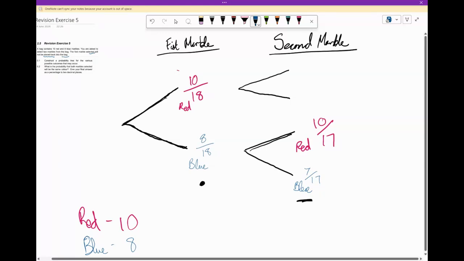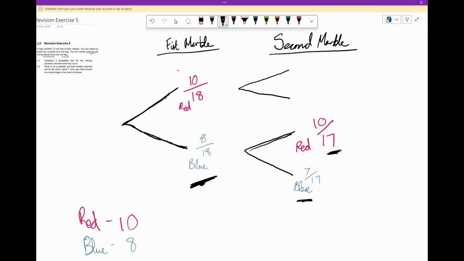Can you see that? So if we hadn't picked a red one, we still have 10 marbles that are red. Does that make sense? But we obviously have one less total number of marbles because we didn't put it back in the bag. Are we all together? Okay, right.